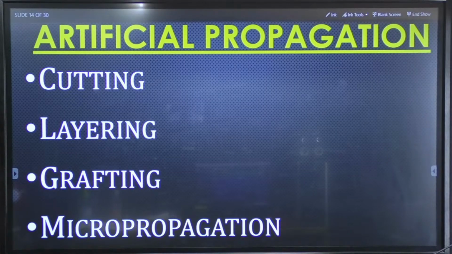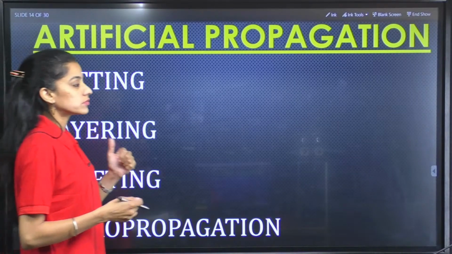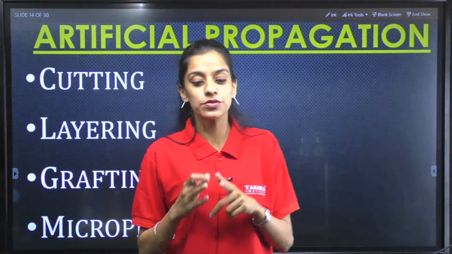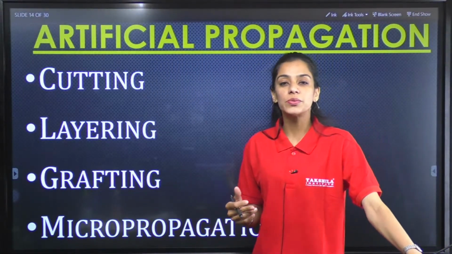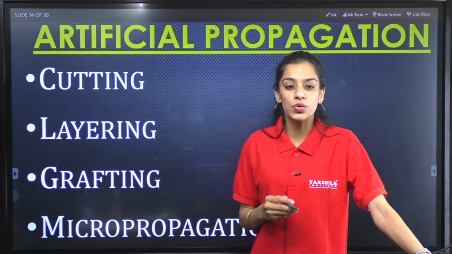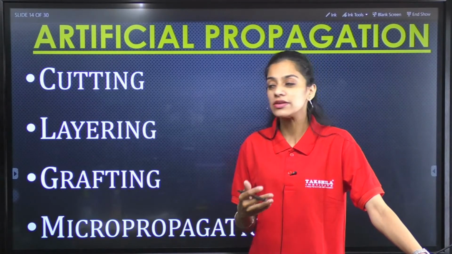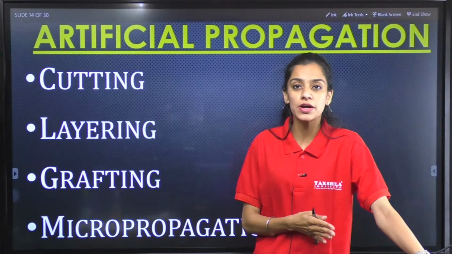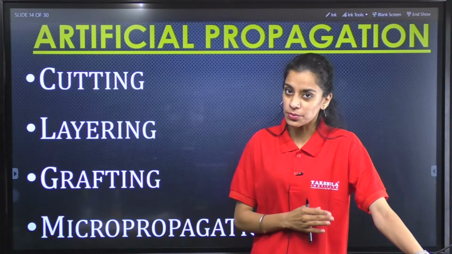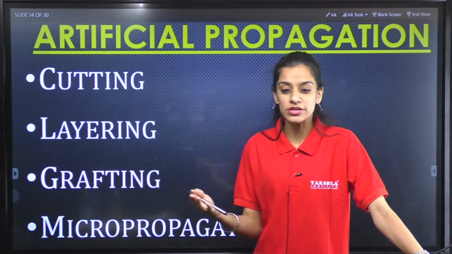So with this we complete the vegetative propagation point, right? So और इसी के साथ we have completed with the asexual mode of reproduction. However, the vegetative is considered to be the part of the asexual mode of reproduction only, and now we are progressing further.